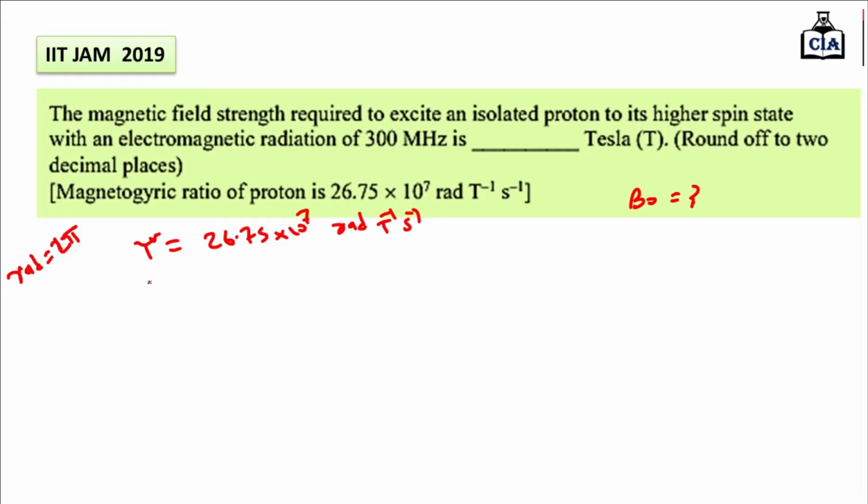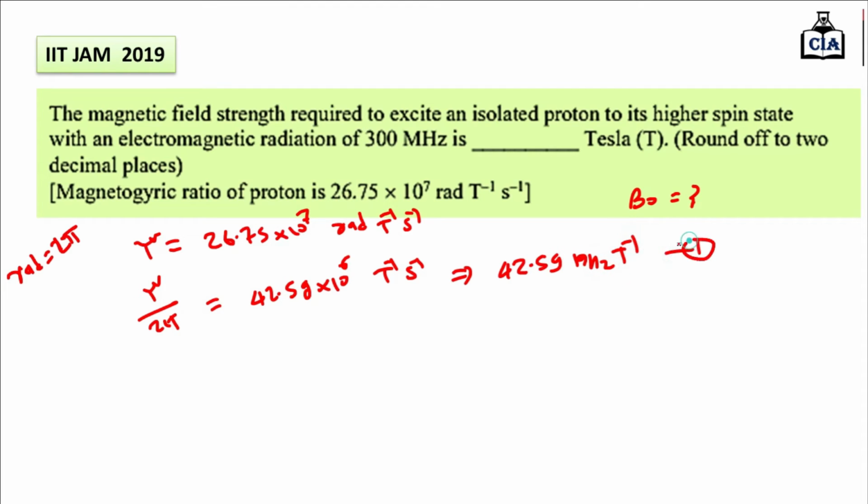So just divide this gyromagnetic ratio by 2 pi, then we get the value in per Tesla per second. If we divide this value by 2 pi, then we get 42.59 into 10 to the power 6 per Tesla per second, and per second means hertz. So we can also write this as 42.59 megahertz per Tesla. This is 1.